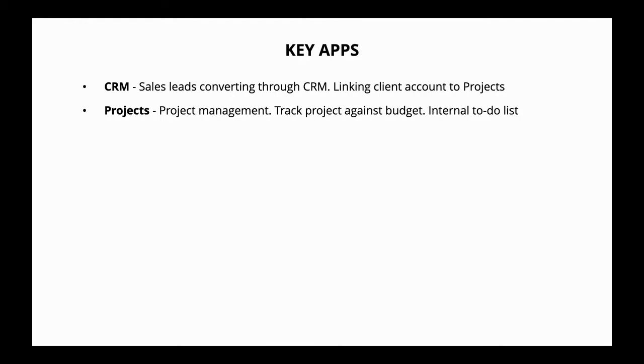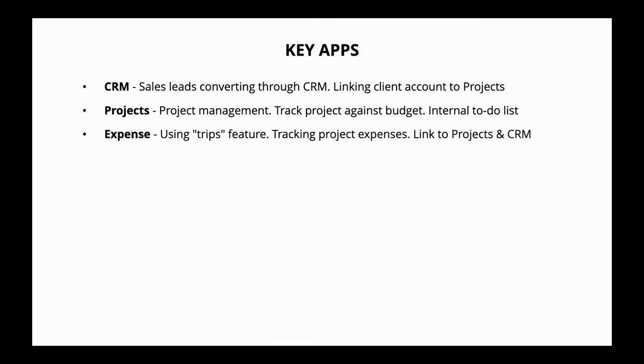And they also have multiple external contractors working in projects as well. So they use Expense as well. They use that heavily. They use the trips feature within Expense so that the team can apply for travel expenses and travel time. Then it also connects with Projects to track the expenses against the project, and that is also shown in CRM as well.